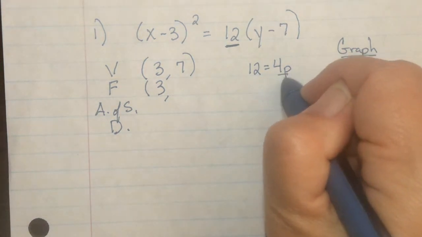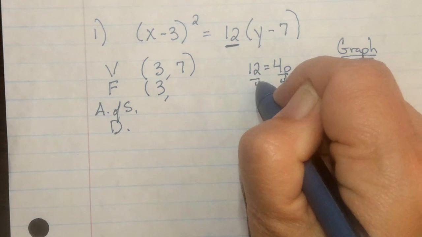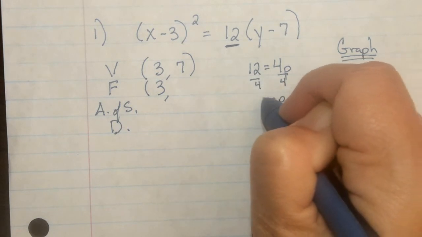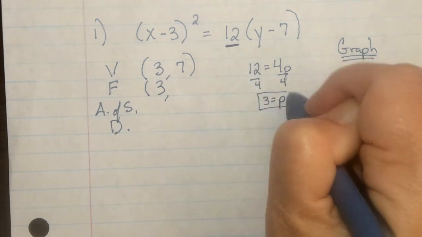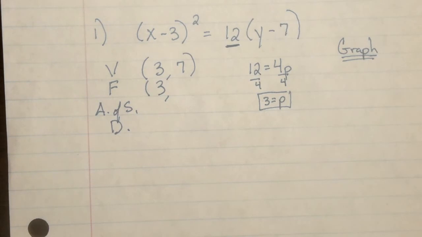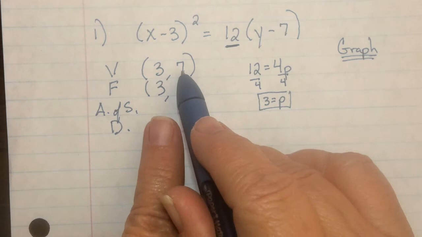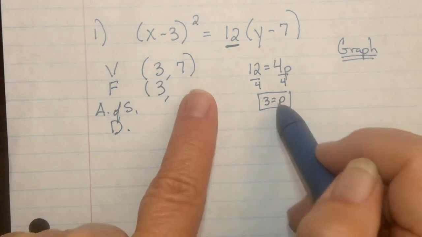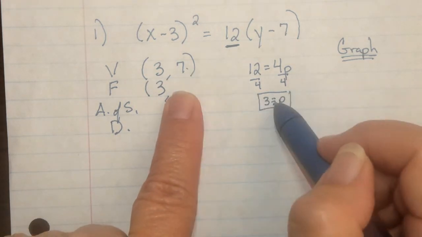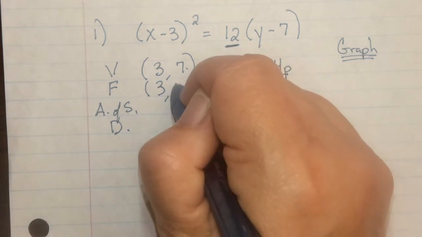So then if you divide both sides by 4, p is equal to 3. And so my focus is at k plus p. 7 plus 3 is 10.